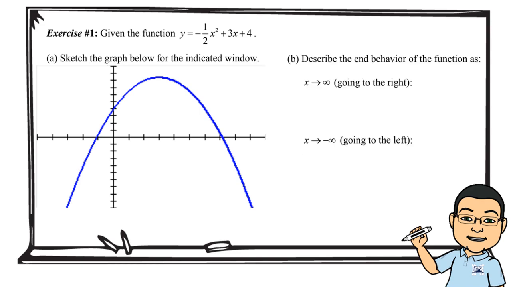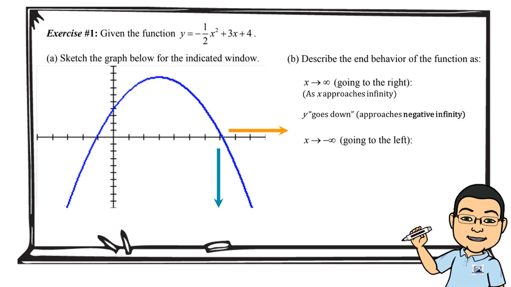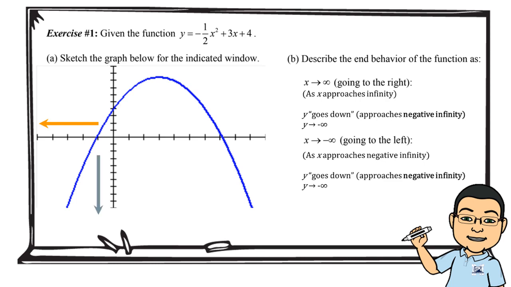What we want to start to think about is what's the end behavior for this function. As x is approaching positive infinity, or as x is going right, what is y doing? Here, y goes down. It's approaching negative infinity. As x is going left, or as x approaches negative infinity, again y is also going down, or y approaches negative infinity.